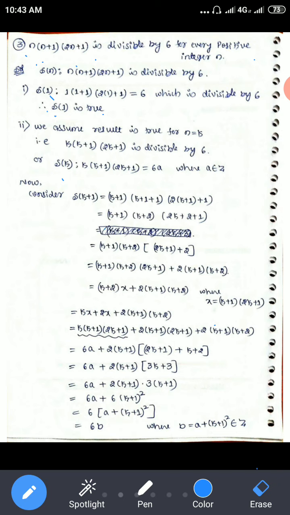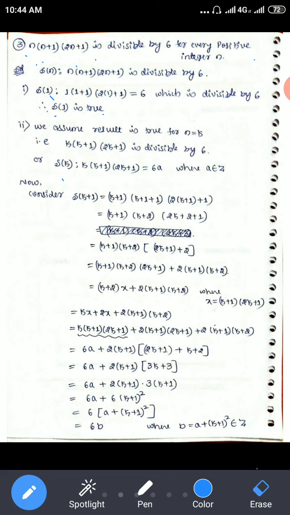So I am taking these terms together, later I am writing 2, it is one and the same only. So k plus 1, k plus 2, this I'll take as one term, this into this: k plus 1 into k plus 2 into 2k plus 1 plus 2 into k plus 1 into k plus 2.